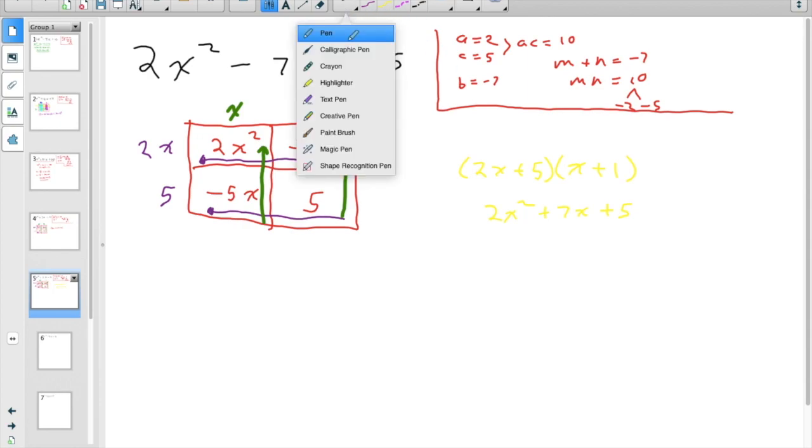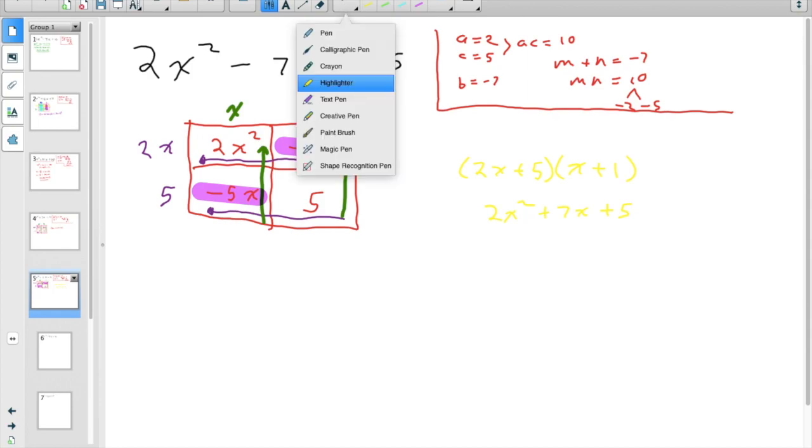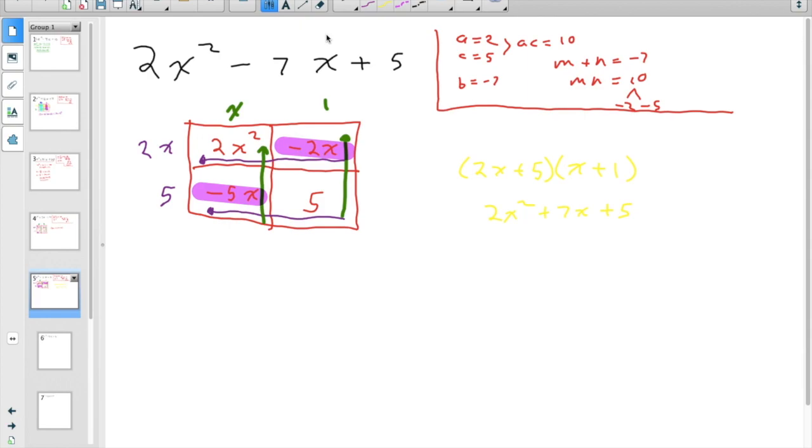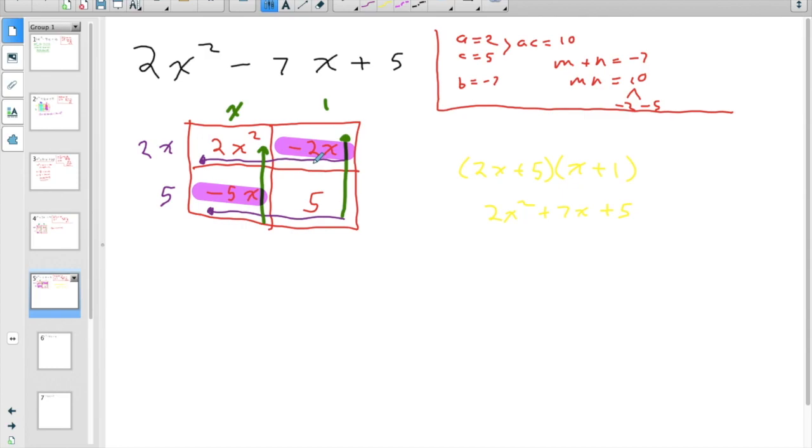The way that we do that is we look at these two columns, or these two squares. They're both negative. And because they are both negative, we're going to make the square that's beside them negative.